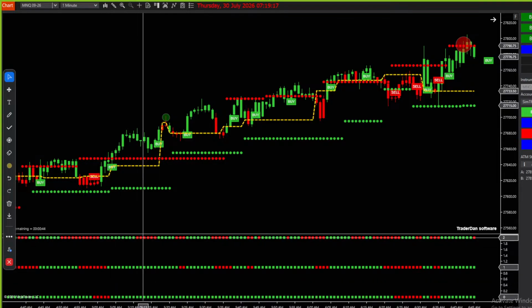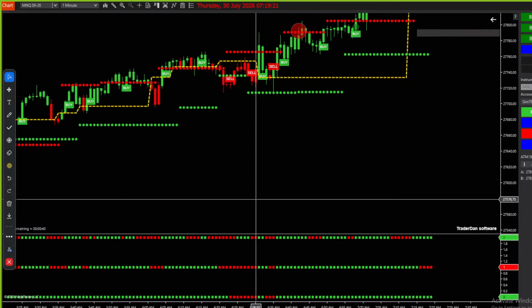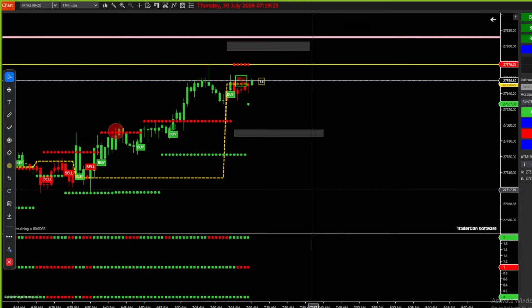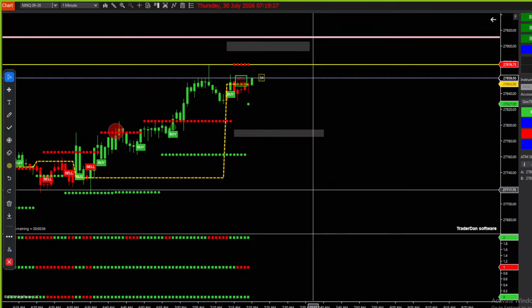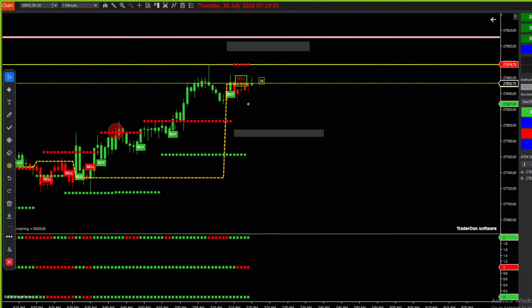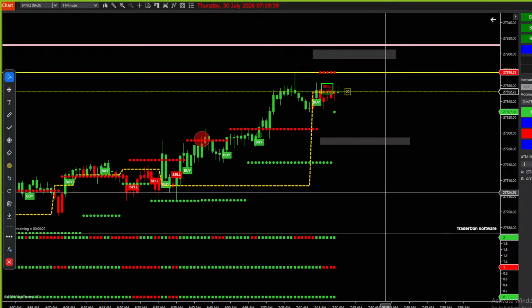We got a little red here telling you got a pullback, but you didn't have any red down here telling you, hey, the market's going to change direction. If you can get into a move where you're in the first 1 or 2 bars of every move, or you're taking profit on the pullback of every pullback in the first 1 or 2 bars, it's a pretty good deal, right?